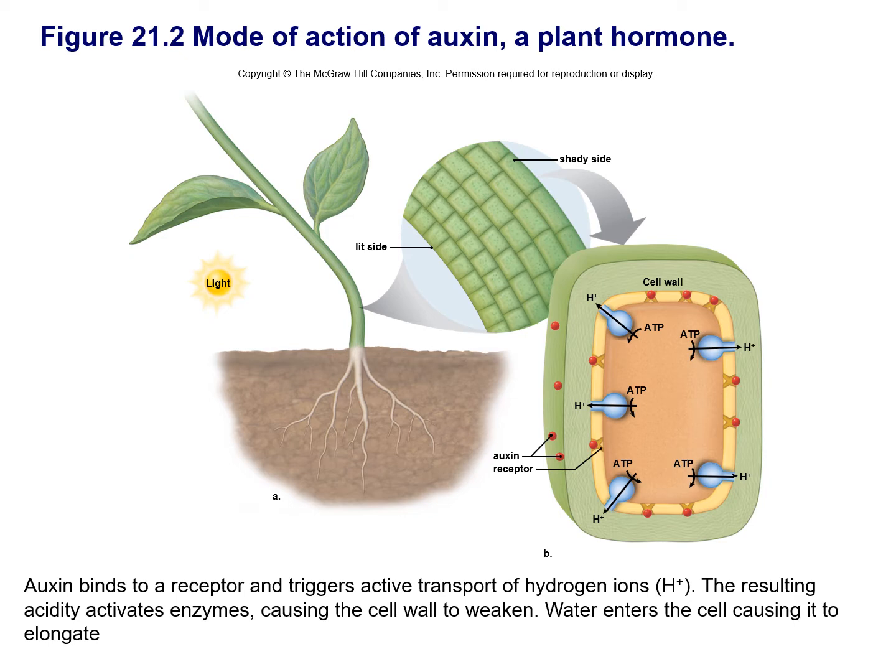You don't want it to happen to the light side, because then it would just move towards the light and fall over. So this side stays rigid, whereas this side gets that auxin, which softens it quite a bit. This is done through movement of water. The water carries the auxin with it, and that auxin then weakens the cell wall.